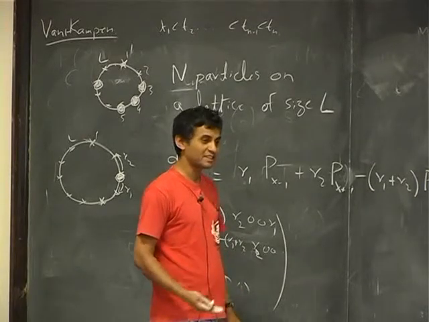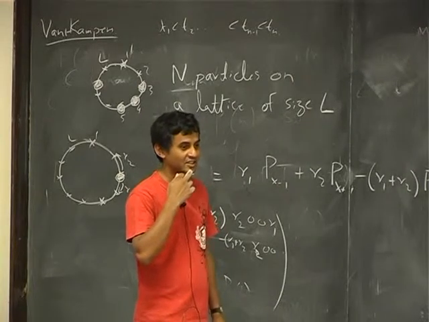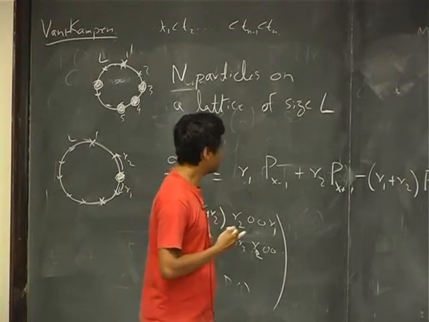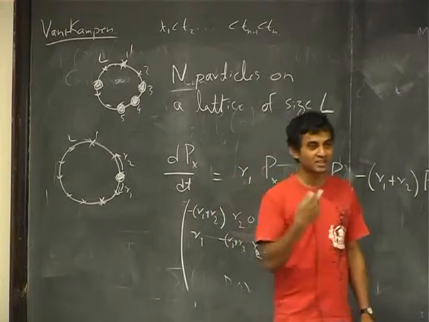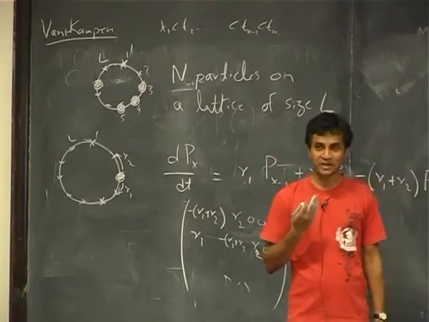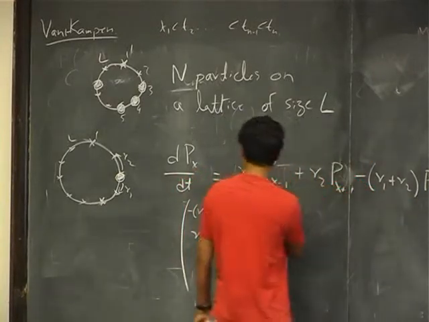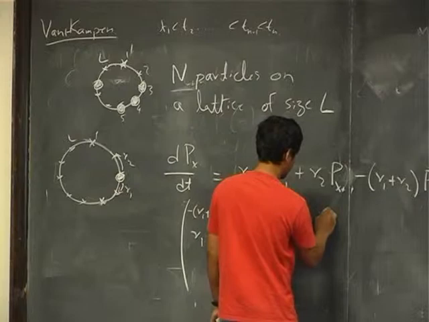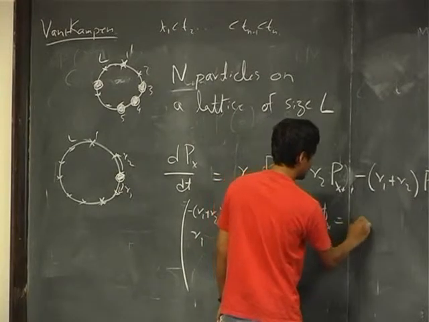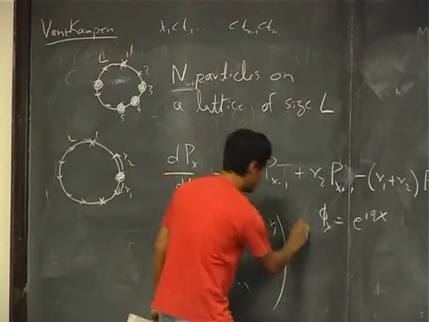And eigenvectors are easier than the eigenvalues. Once you have periodicity, then basically it's a Fourier transform, right? So phi x is just e to the power iqx. Okay, and you can also think of them as vectors, right?